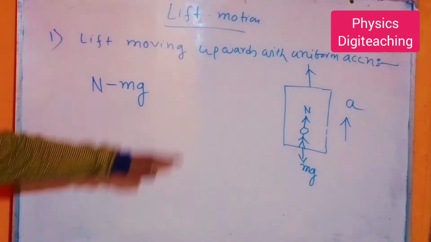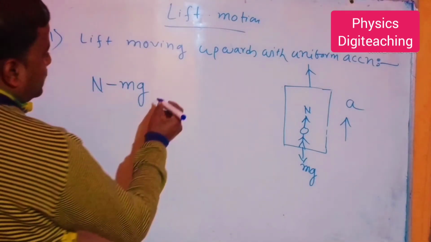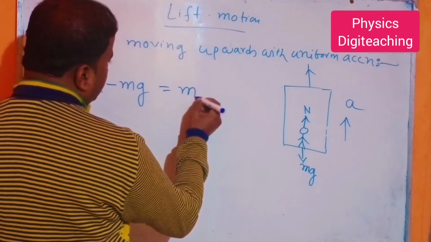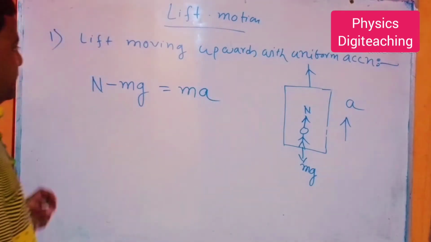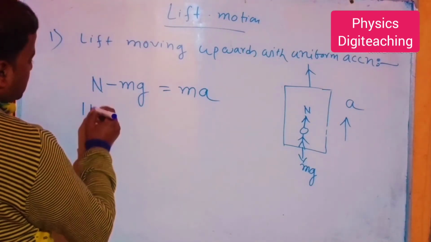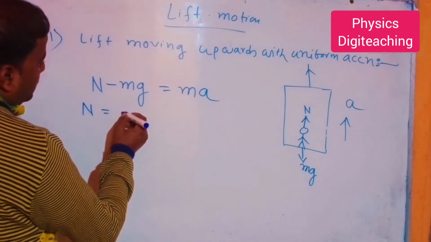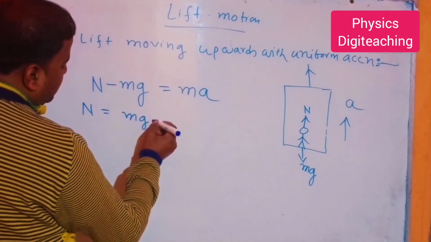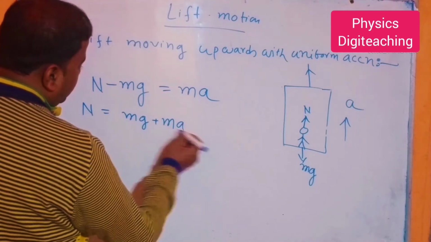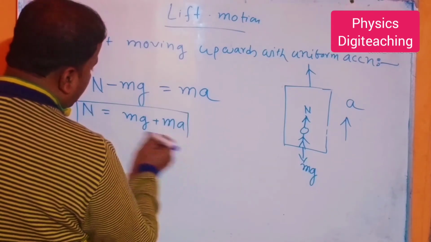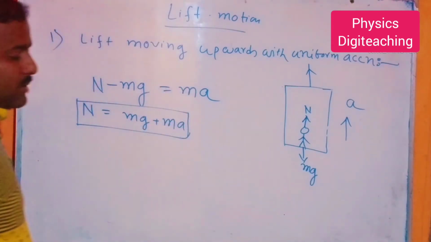We know the resultant force equals mass times acceleration. Therefore N equals mg plus ma. This is the apparent weight of the person.